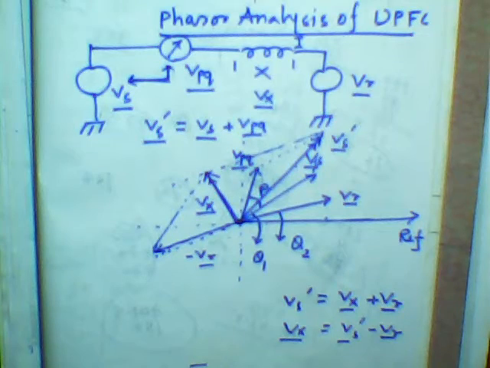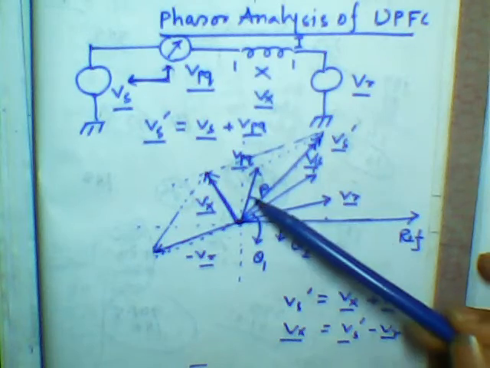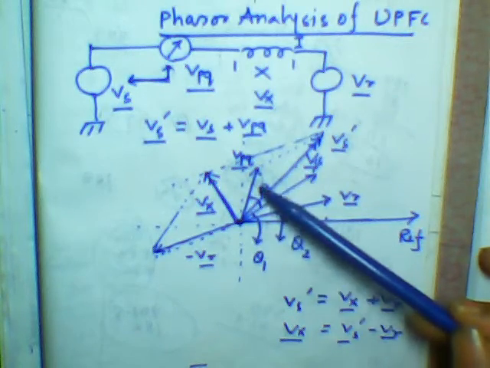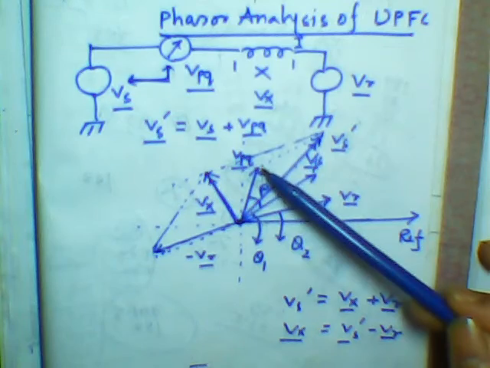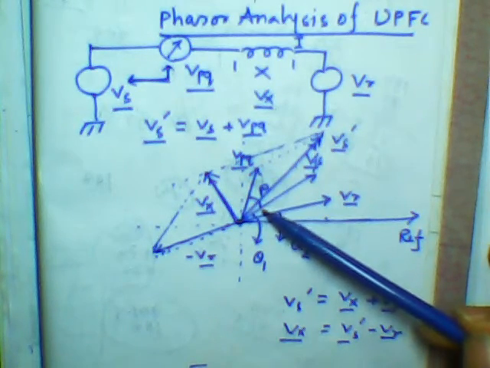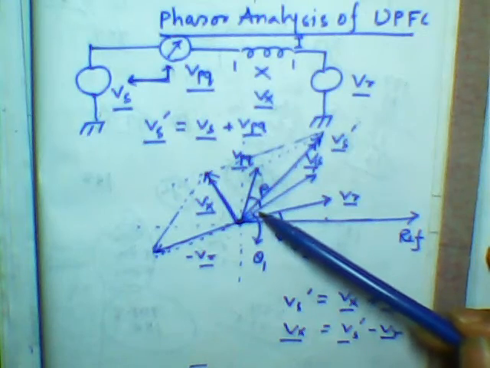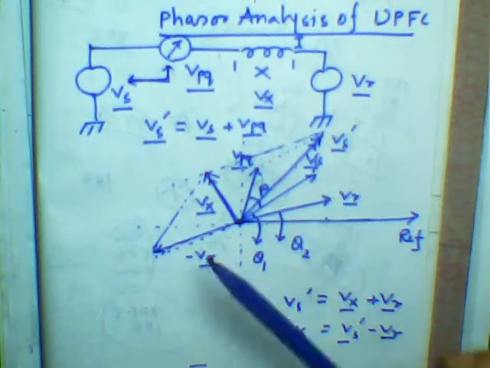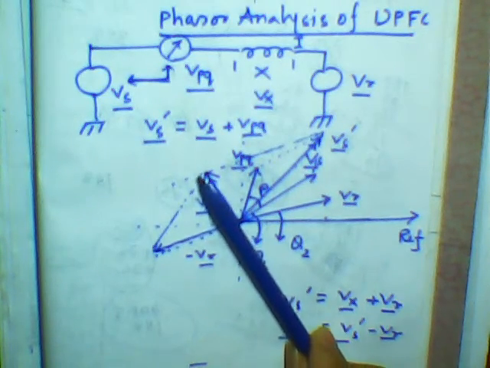Now it is very clear that by changing the amplitude of Vpq and the angle rho, I can vary the position of Vx.